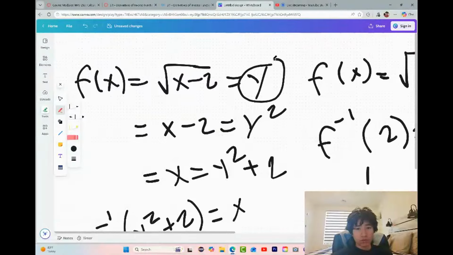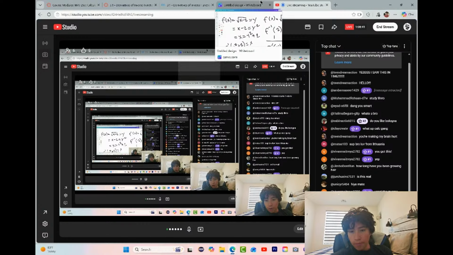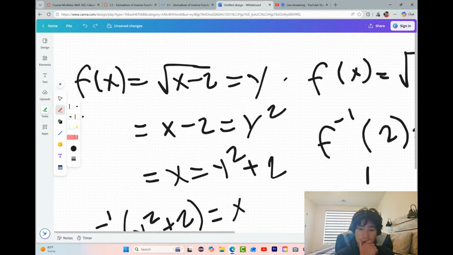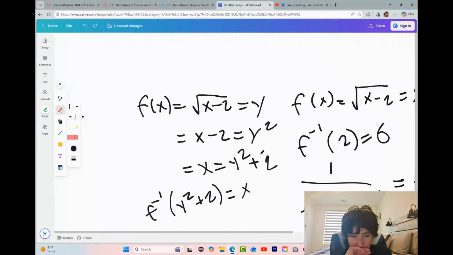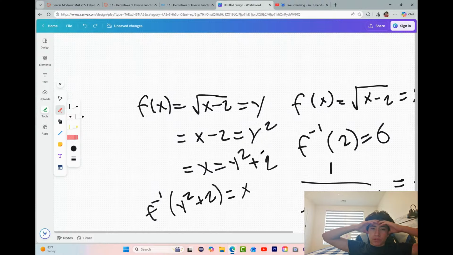So I know that this equals y, like the output, but then I want to solve for x. X equals y minus 2.